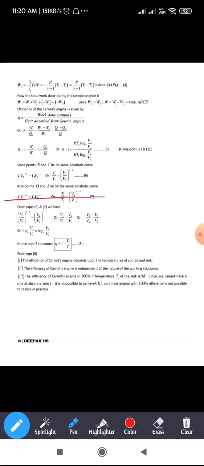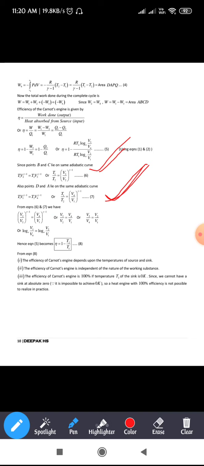T1 V1 to the power of gamma minus 1 is equal to T2 V4 to the power of gamma minus 1, or you can write T1 divided by T2 is equal to V4 divided by V1 to the power of gamma minus 1. When you compare equation 6 and equation 7, you will see the LHS are the same, only the RHS is different.